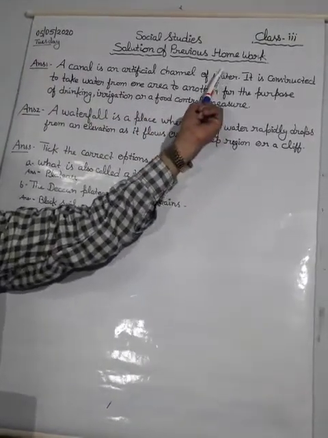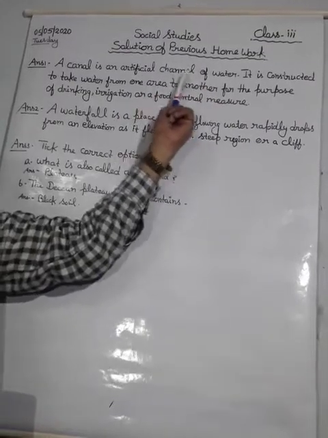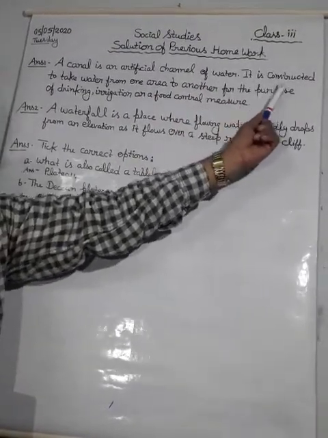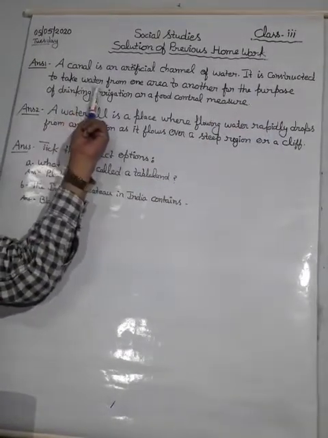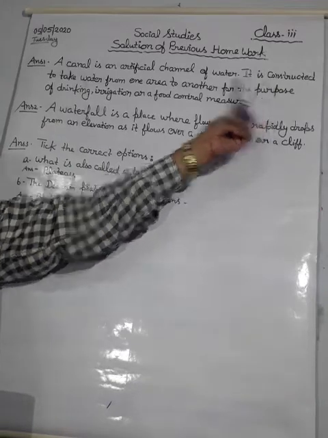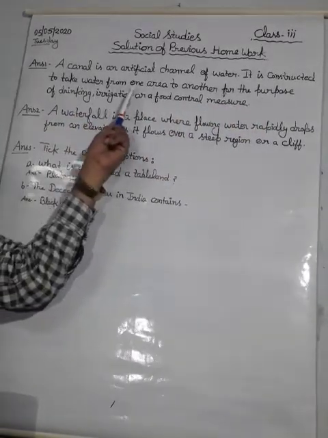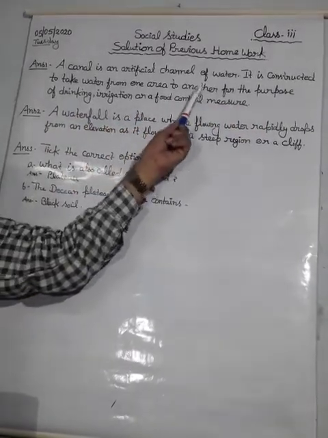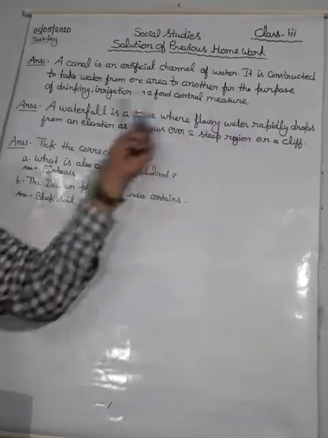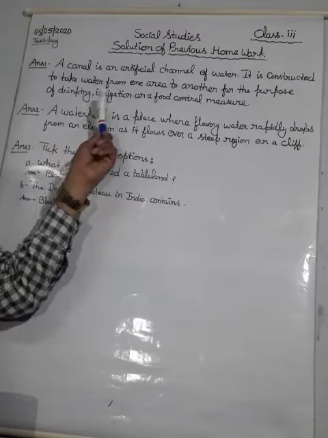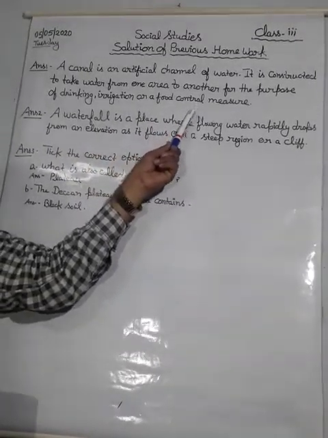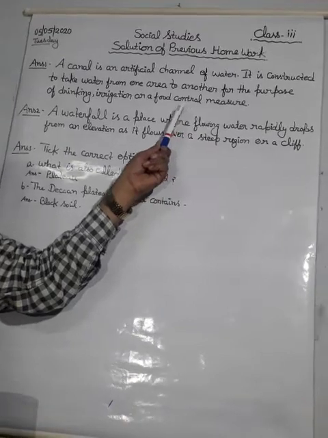It is constructed to take water from one area to another for the purpose of drinking, irrigation or a flood control measure.